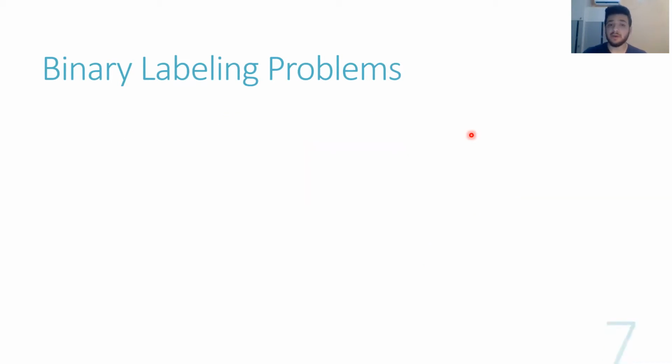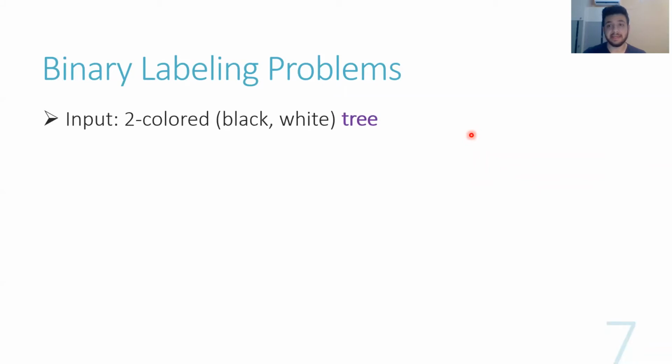So now, for a more formal definition, as we said, we are going to focus on trees, more specifically on two color trees as input. Although this might seem restrictive and weakens the expressiveness of our framework, I will convince you otherwise in a moment.